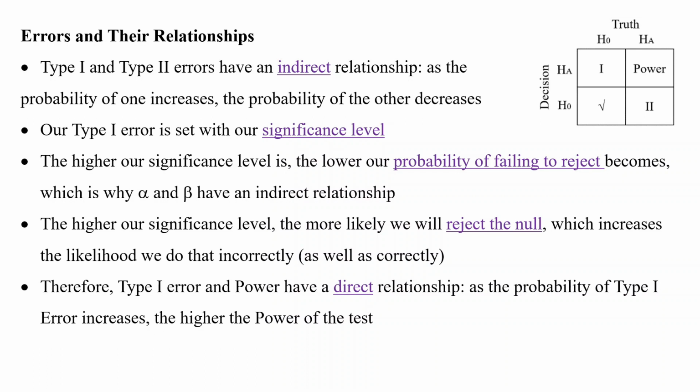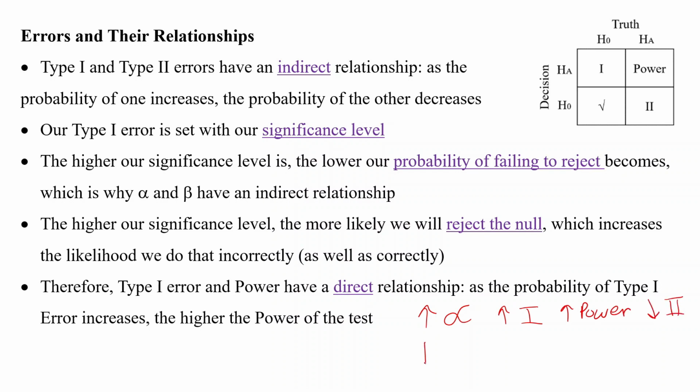So remember this, if you increase alpha, because that's really the only thing you're going to have control over at this moment in AP statistics, as well as your sample size, but we'll get into that more in the homework. If you increase your significance level, you increase your type 1 error, you increase your power, but you decrease your type 2 error.